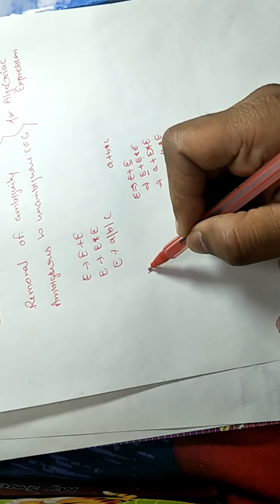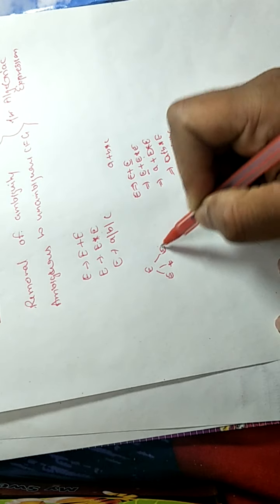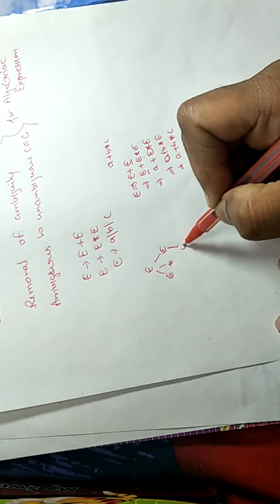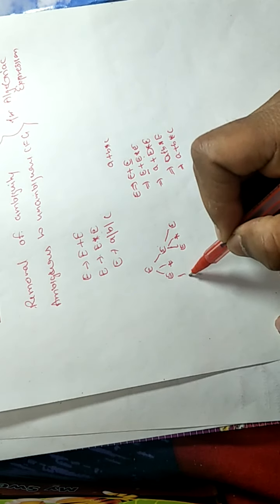And the tree will look like E tends to E plus E, replacing this E by E asterisk E, and this by a, and this by b, and this by c.